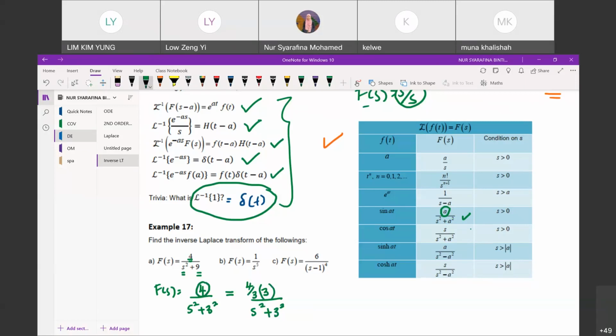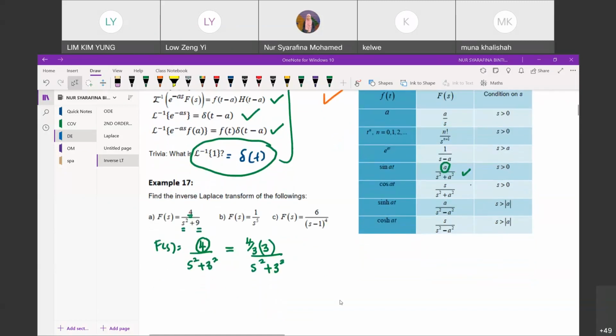Okay, we don't want to change the function. So we have to do some modification. Then in order to get f(t), what you need to do is the inverse transform of F(s), where the inverse transform of F(s) here is 4 over 3 times 3 over s squared plus 3 squared.